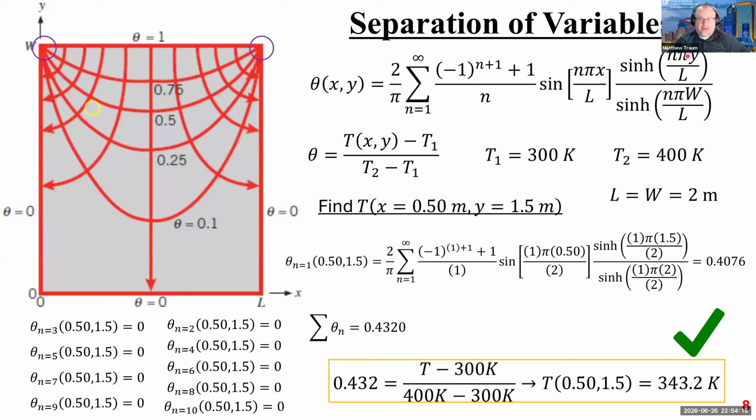And then for x, I'm plugging in my 0.5, 0.5, and for y, I'm plugging in my 1.5, 1.5. And I'm solving this for the first n, and if I actually solve it, I end up with 0.4076. But that's not the end of the story.